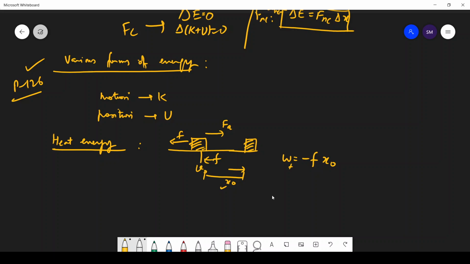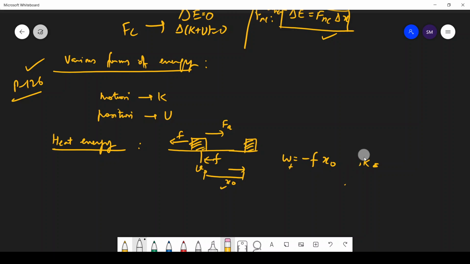Now by work energy theorem, we have just studied that the work done is the change in energy. By the work energy theorem, this work will be equal to the change in kinetic energy. What is the change in kinetic energy here?